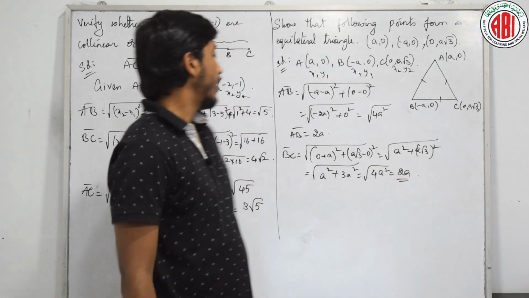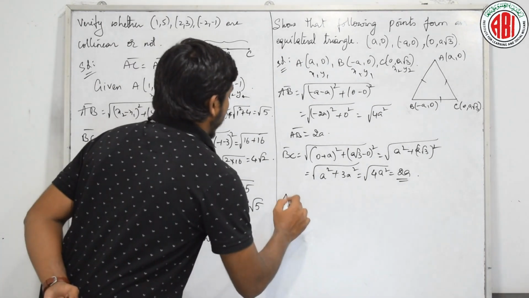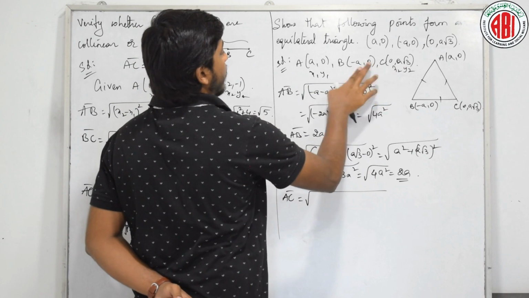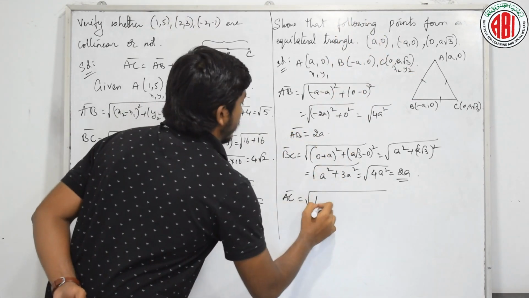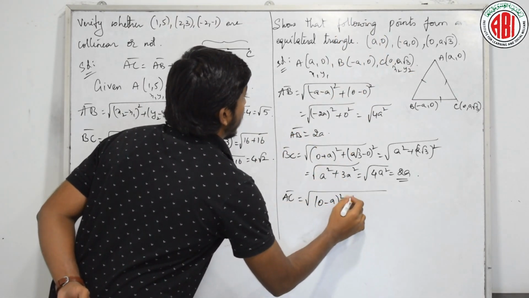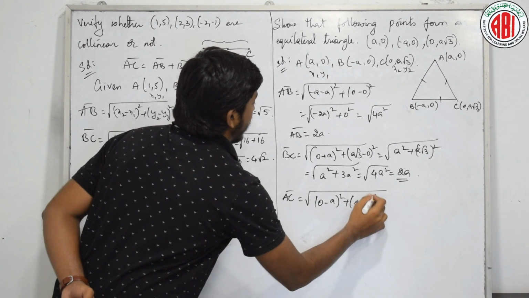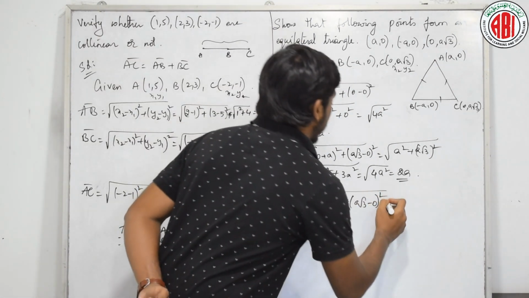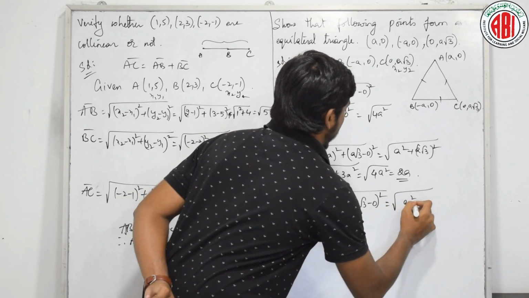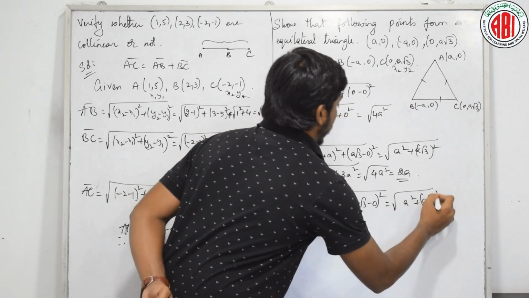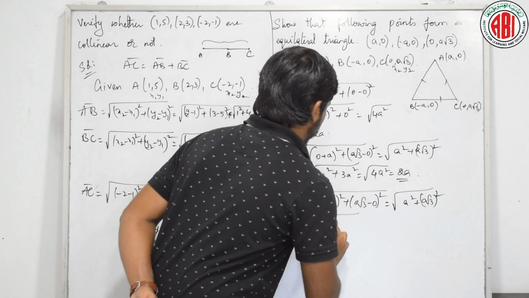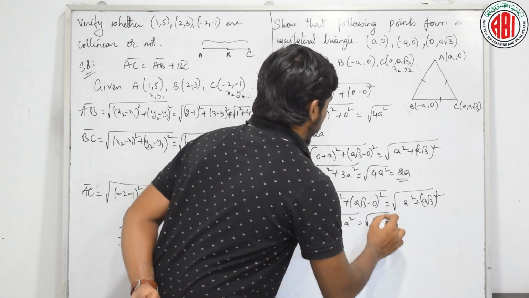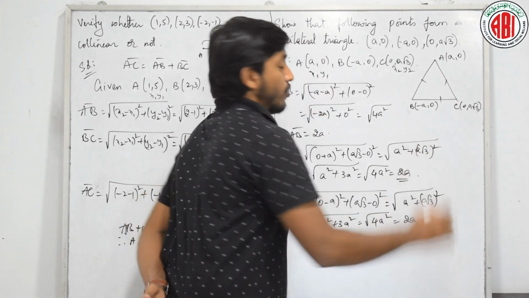Is it right? The third side, that is AC. Under root, this will be x1 y1 and this is x2 y2. (0 minus a) whole square plus (a root 3 minus 0) whole square. Is it okay? 0 minus a is minus a, that is a square, plus (a root 3) whole square, that is equal to a square plus 3a square, that is 4a square, which is nothing but 2a.